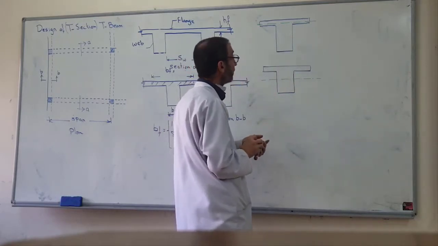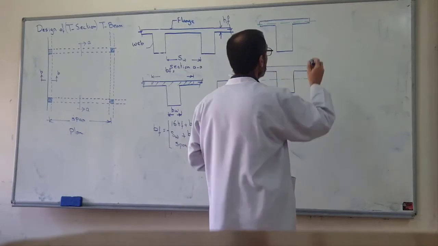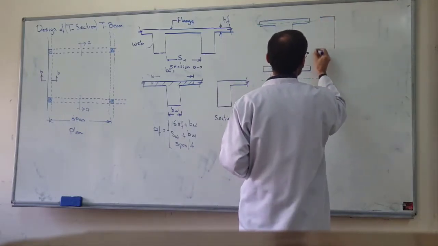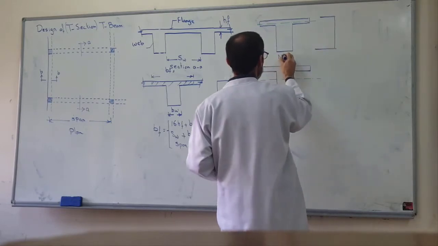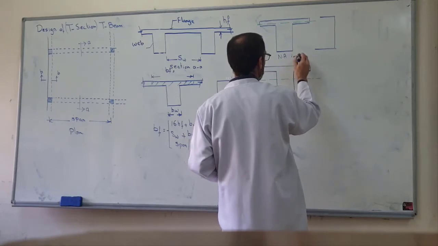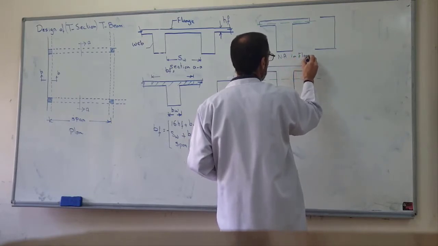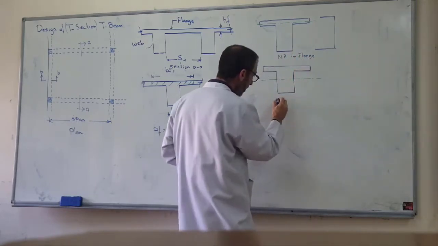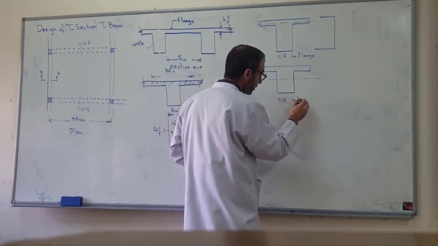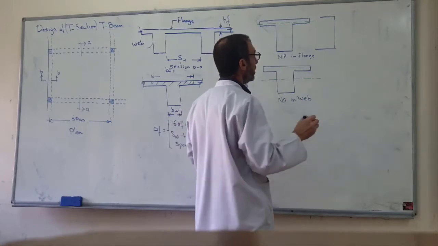If it is located in the flange, it is easy, similar to a rectangular beam. Here in this figure, the neutral axis is located in the web. In the flange, it is easy.